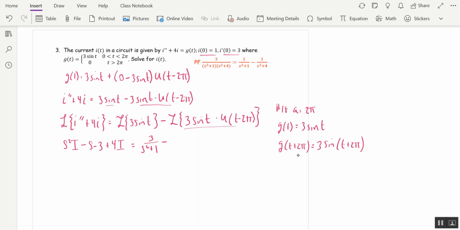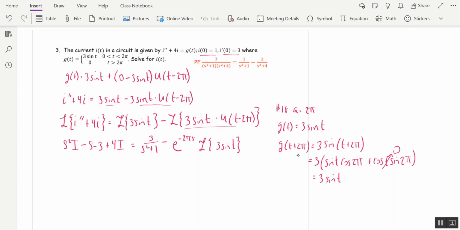Now to use formula 18, I'm going to have to take L of that, and so I'm going to expand this using the sum and difference formula for sine and clean it up, because I can't do anything with the way it is. That's 3 times sine t cos 2 pi plus cos t sine 2 pi. Okay, sine of 2 pi is 0, cos 2 pi is 1, so 3 sine t. So back over here, we get e to the negative 2 pi s times L of 3 sine t.